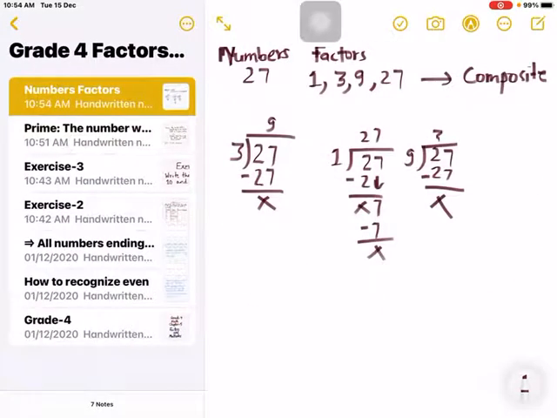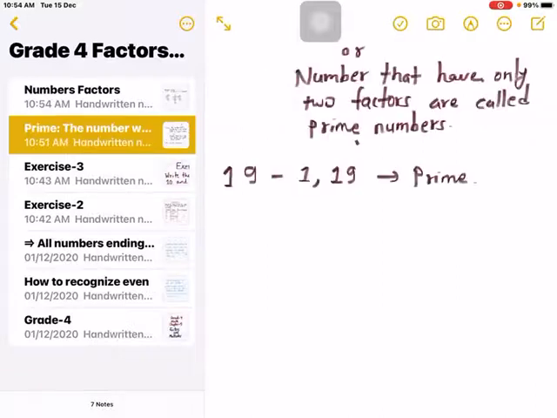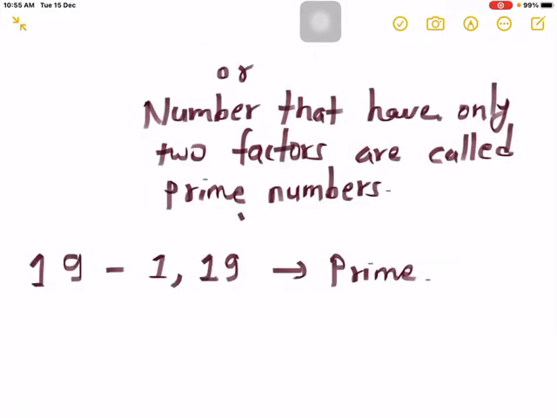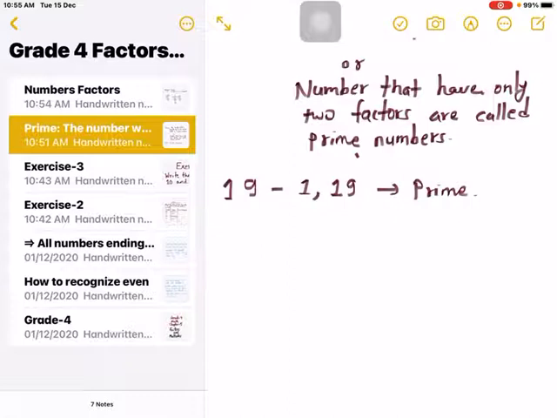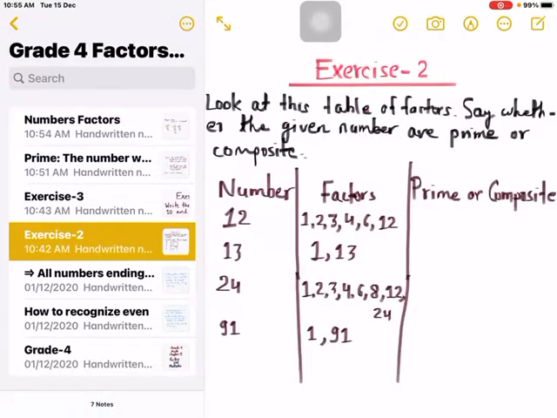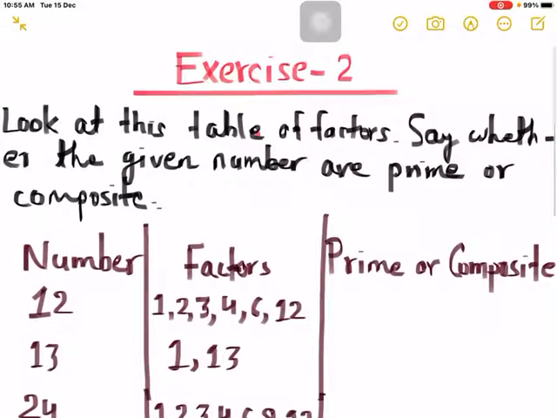I have written one question from this chapter, we have done this already. This is exercise 2 in our textbook.